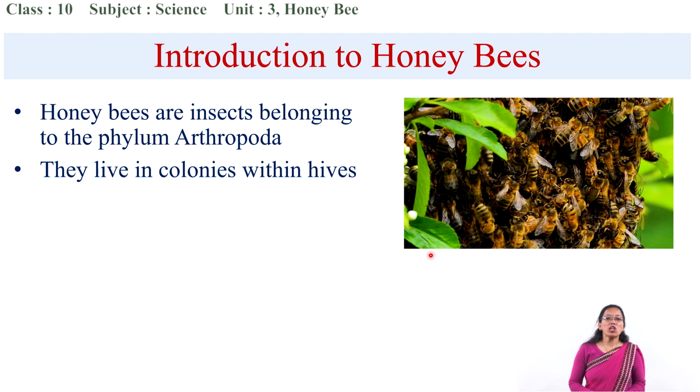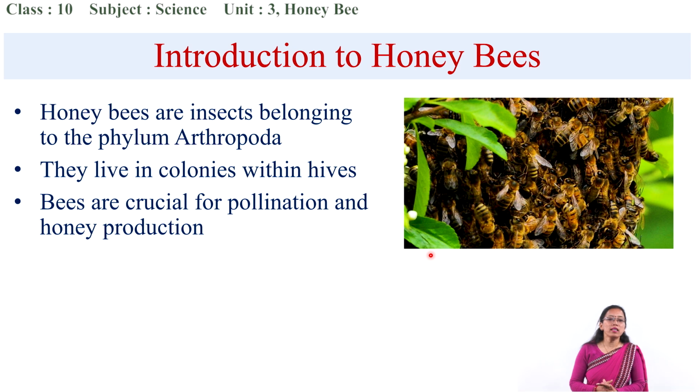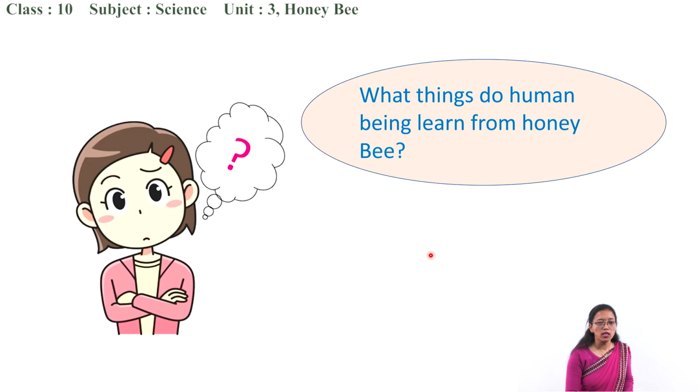And they live in colonies within hives. Within the hive, they used to be in the colony. Next, these bees are crucial for pollination and honey production. Already we have discussed that. And next one is, what things do human beings learn from the honeybee?